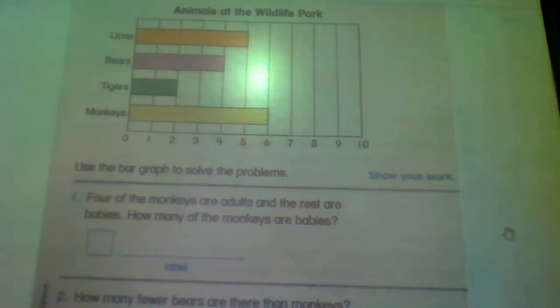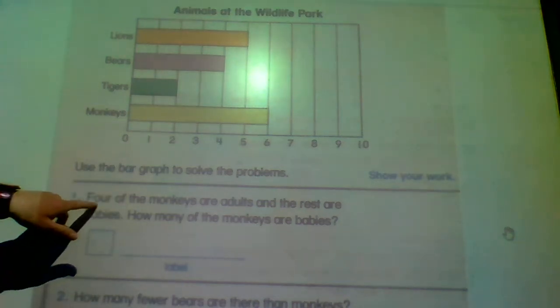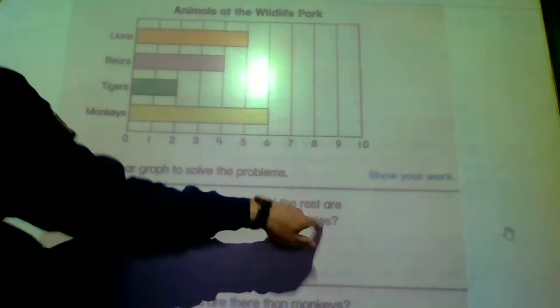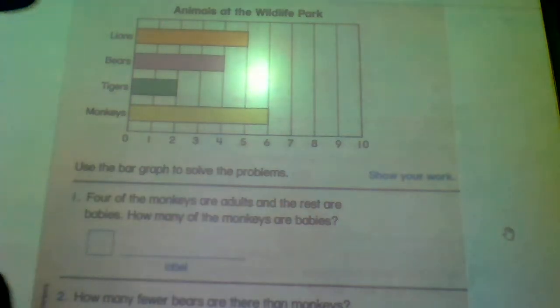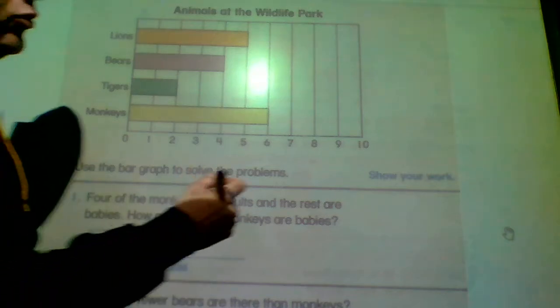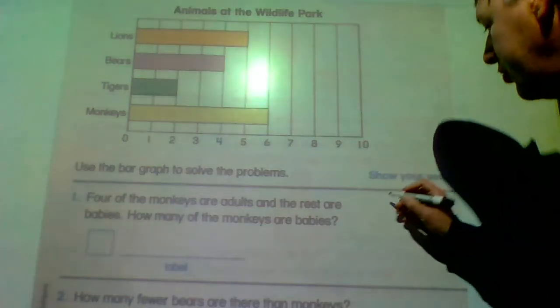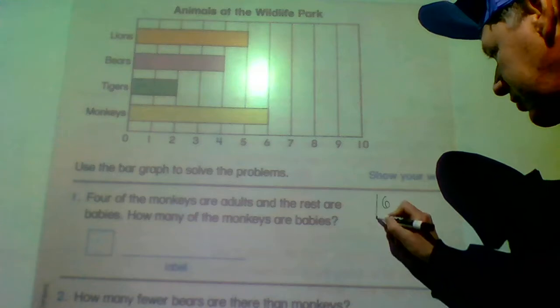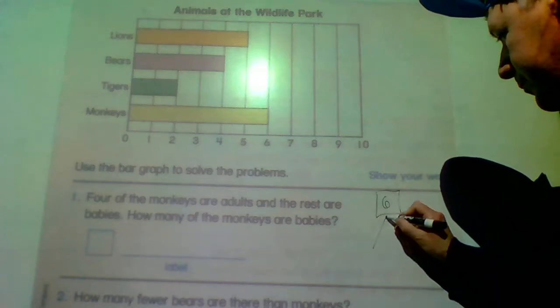Question number 1 says 4 of the monkeys are adults and the rest are babies. How many of the monkeys are babies? Wait a minute. How many monkeys are at the park? If I do Math Mountain here, we know there are 6 monkeys at the park.